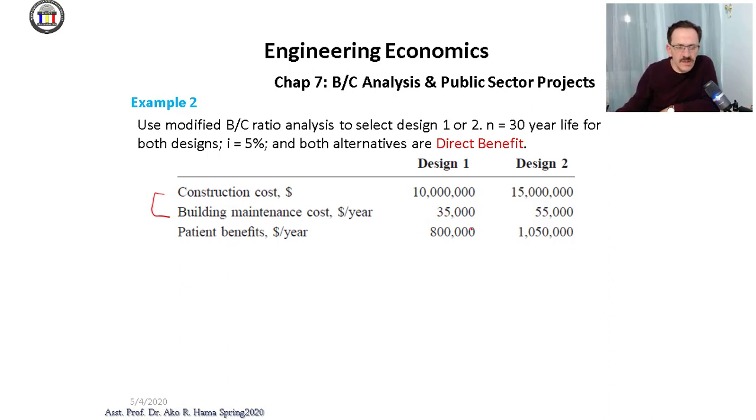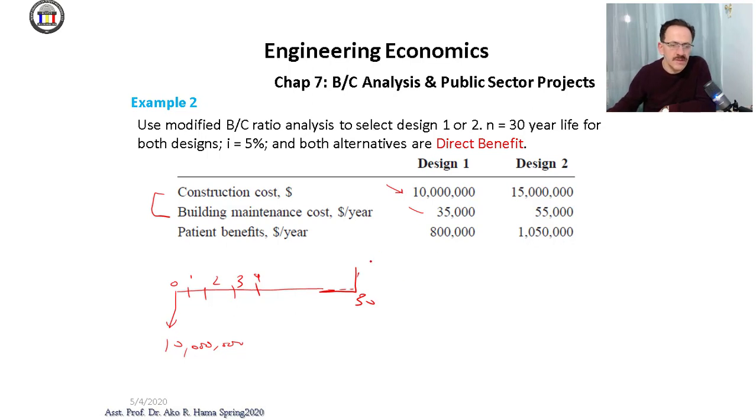The first cost of this one is $10 million. We also have maintenance and operation costs, from year 0, 1, 2, 3, 4 till the end of this project, which is 30 years.